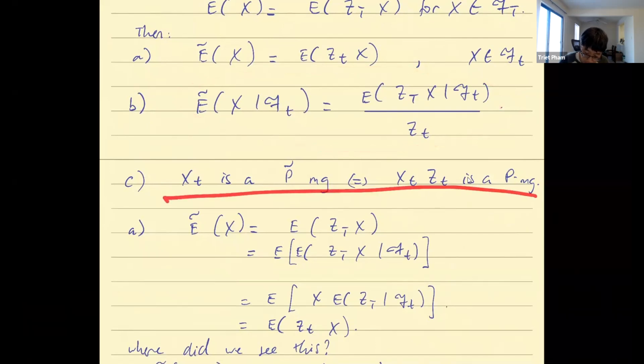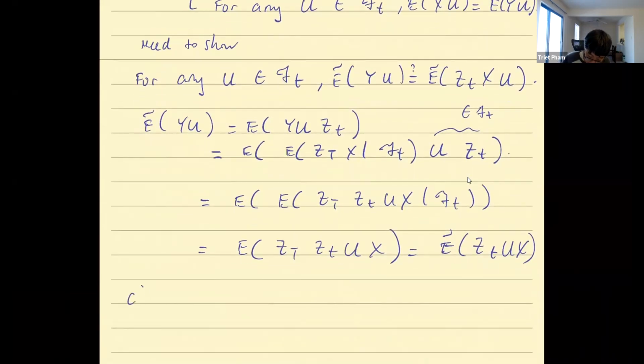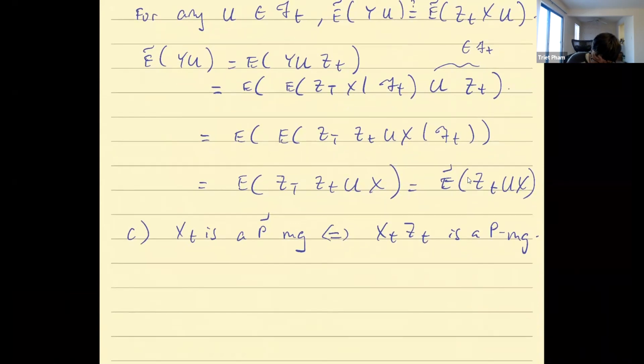Then the last detail is here. So part C tells us that something is a martingale under the new measure if and only if the product with the kernel is a martingale under the old measure. Why is this true? Well, let's check.